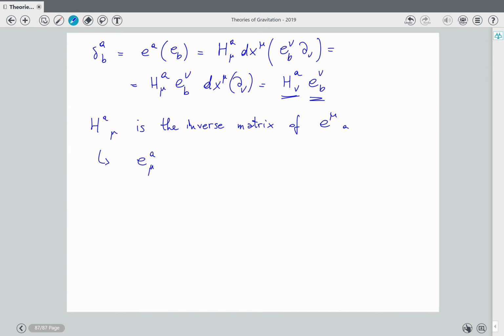Same symbol E, but now there is no risk of confusion, because in one case the space-time index is a superscript, and in this case it is a subscript. So what we have from there is an identity like this, delta AB.